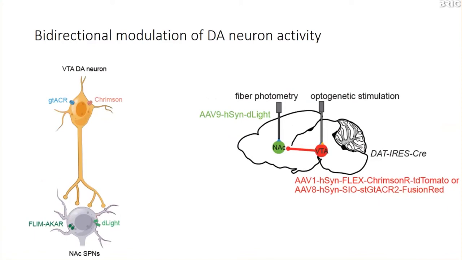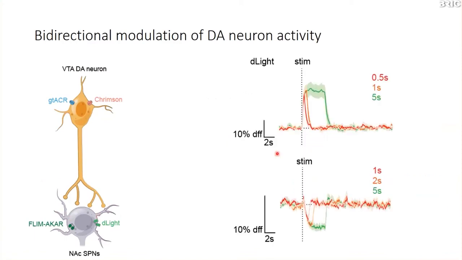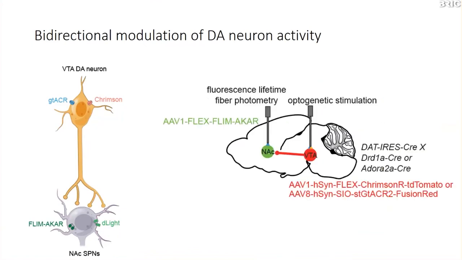You can see on the right, the activation of the dopamine neuron using Chrimson increases the level of dopamine in vivo, while inhibition of dopamine neuron via GtACR2 results in significant reduction of dopamine below the baseline. And with this tool, we now can test if the dopamine level change can affect the PKA activity directly by expressing FLIM-AKAR, the PKA sensor, in the nucleus accumbens. And to selectively express the sensor in the D1 and D2 receptor SPNs, we now use a double transgenic animal that DAT-Cre crossed to D1-Cre or Adora2a-Cre.